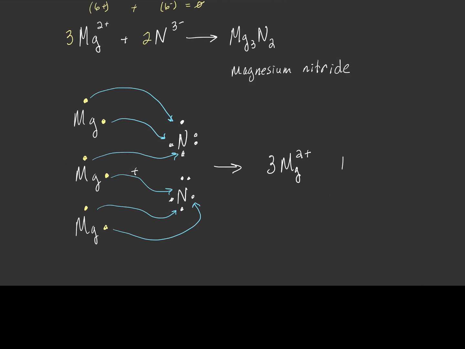We have nitrogen that had 1, 2, 3, 4, 5, and now each of them took away 1, 2, 3 electrons, and now all of those are concentrated around them. They each took away 3 electrons, and we have a total of 2 of these. So what I just did represents, again, the modeling of ionic bonding, the transfer of electrons from the cation to the anion.